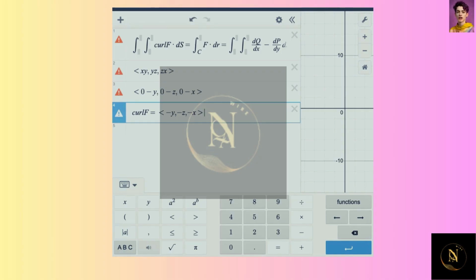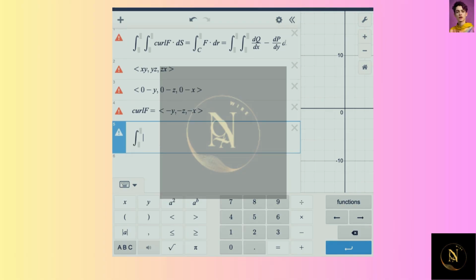So what we want to see, if we view it in terms of the double integral, is the negative P times the partial derivative of g with respect to x, minus the partial derivative of g with respect to y, plus R dA.